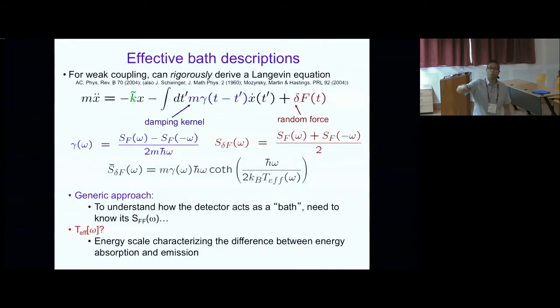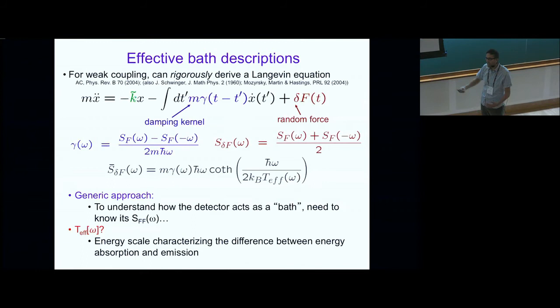And again, the same theory would work. You decide to couple your mechanical resonator to some horrid superconducting single electron transistor or whatever, the same approach is going to work. It's just a different bath, a different force operator. It's still the same effective temperature. So for me, at least, this has been a very useful way of taking a lot of very disparate results and having a common way of thinking about it.